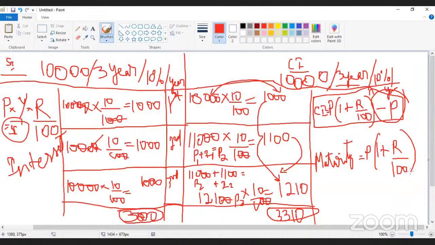If I do that minus P in the formula, I will get only the interest amount. If I don't do that minus P, I will get the principal amount and interest together. So that is called maturity. Okay, is the statement clear?